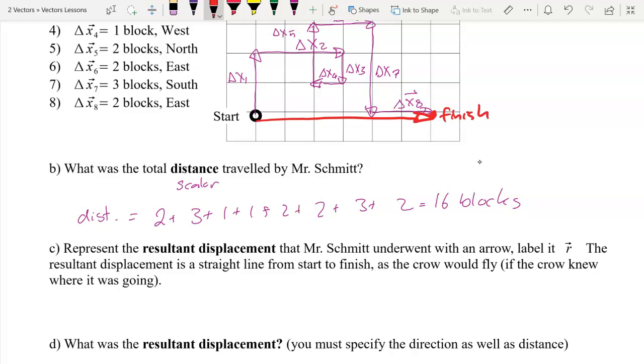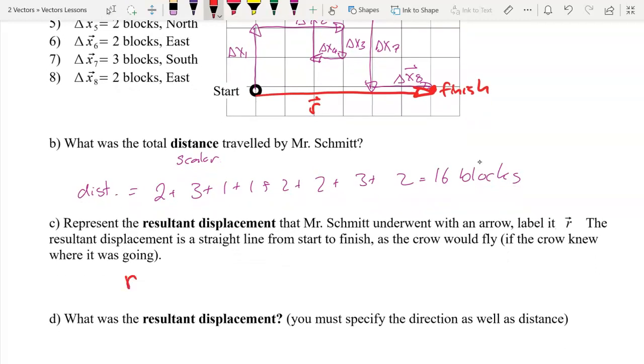So this is the result of this walk. And you can see that the sum of these vectors, delta x1 plus delta x2 plus dot dot dot plus delta x8, these are all vectors, equals, let's count it, 2, 4, 6 blocks east.